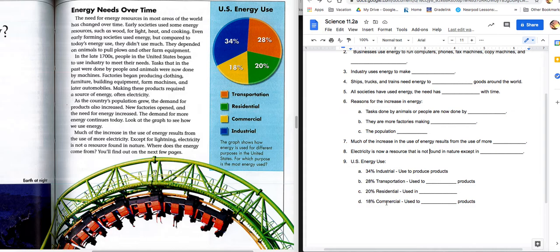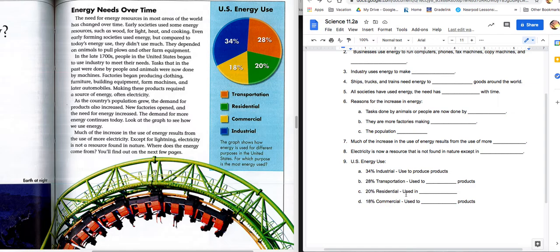The car dealership that sells it is commercial. They're selling me the truck. The semi that took the truck from the industry to the dealership is transportation. I bought it and I take it to my house. It's sitting in residential. So keep those four straight as we understand the uses of energy.